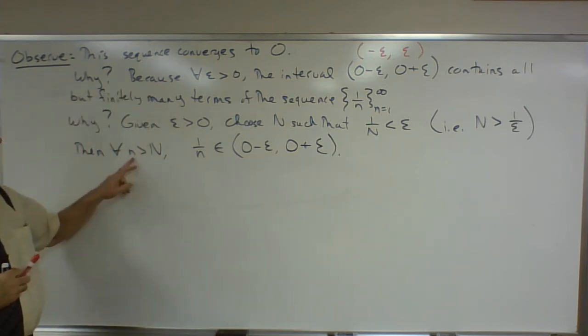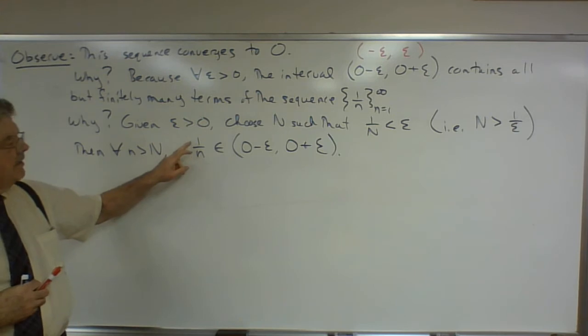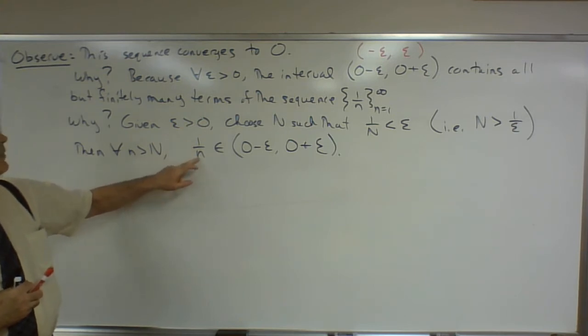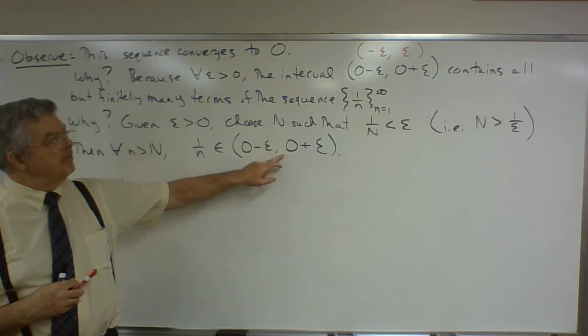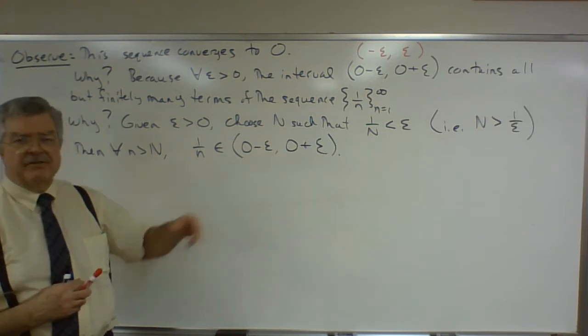So for every natural number greater than n, the nth term of the sequence 1 over n is in this interval 0 minus epsilon, 0 plus epsilon.